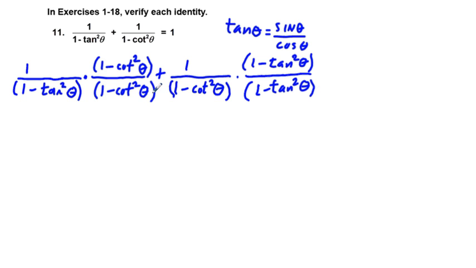And so now we have a common denominator, and let's go ahead and write this as a common denominator.